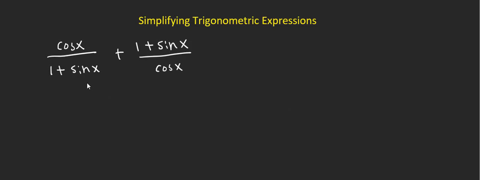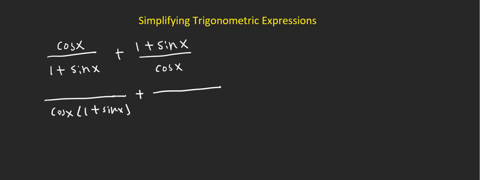Now, let's go back to this problem. What is the common denominator? Well, the common denominator is cosine x times the quantity 1 plus sine x. Now, how do we get from here to here?